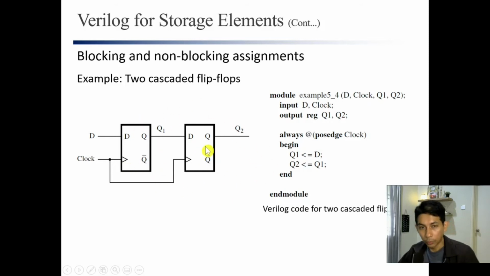So for conclusion, when you want to design combinational logic using behavioral modeling, you are recommended to use blocking assignment.